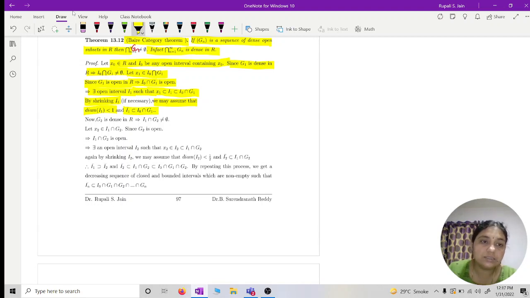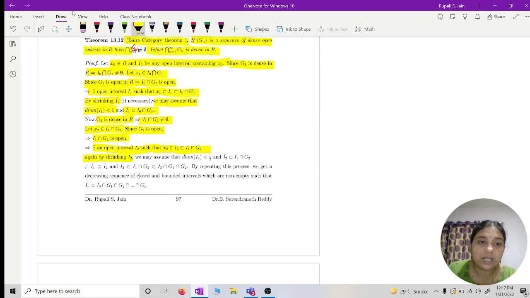Now again G2 is dense in R. This implies I1 intersection G2 is non-empty. So let x2 belong to that intersection. Since G2 is open, I1 intersection G2 is also open. So there exists an open interval I2 such that x2 belongs to I2, which is contained in I1 intersection G2.